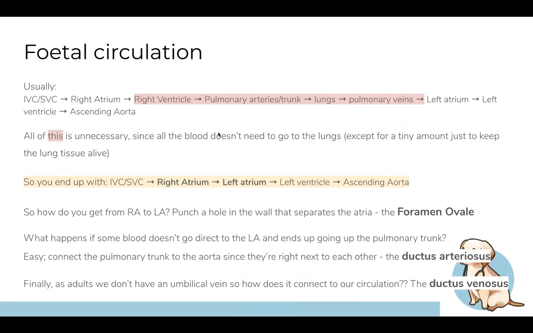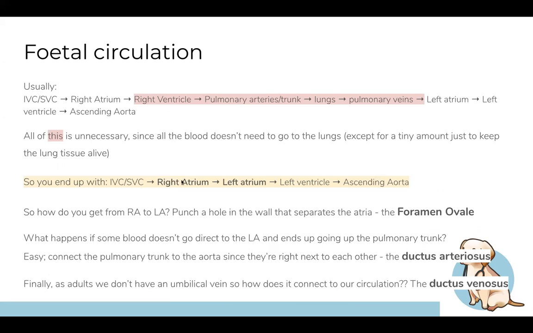Since we don't need all of the blood to go to the lungs, you just need a tiny amount to keep the lung tissue alive. So you get IVC to SVC into the right atrium, skip all that, go straight to the left atrium, to the left ventricle, and then to your ascending aorta.